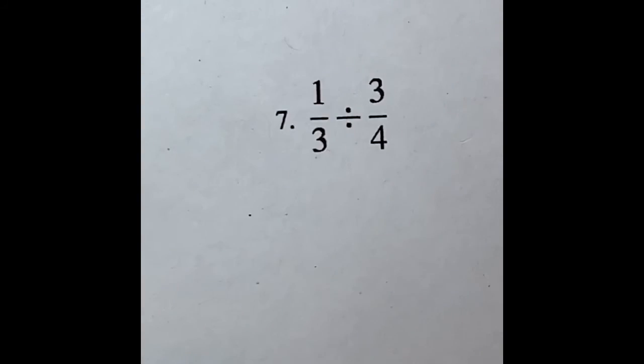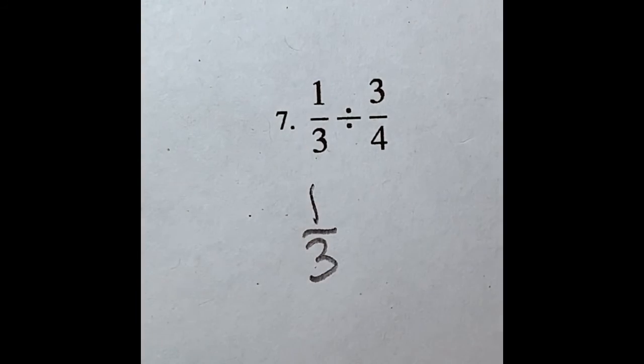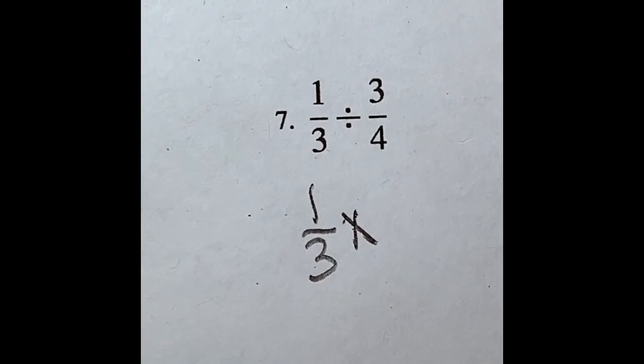Maritza, let's try this one, okay? I know you've got this one. So you just tell me what to do. Keep. Okay, I'll keep it. 1/3. Now what, Maritza? Change. Oh, you want me to change what? The division into multiplication. Okay. And now what do I do with the 3/4? You flip it.